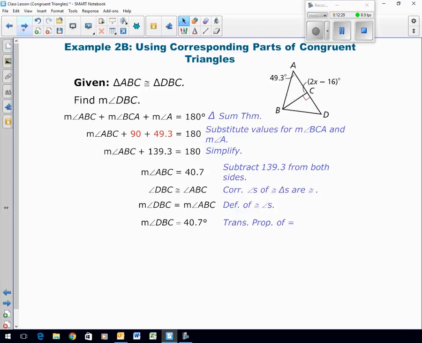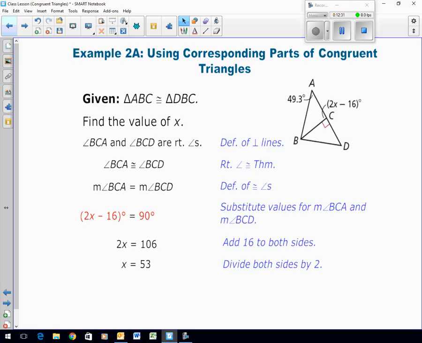Let me show you what it might look like today. Okay. If triangle ABC is congruent to triangle DBC, I wanted to find the value of x in this example. If the two triangles are congruent, angle BCD is congruent to angle BCA, right? Yep, the angle C's in both of these two triangles will be congruent.